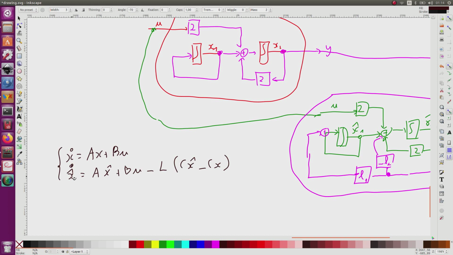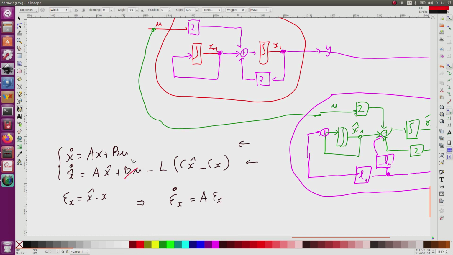This is my system. If I put epsilon x equal to x hat minus x, then I will make the subtraction between this equation and this equation, and I will obtain epsilon x dot, because this minus this equals A times x hat minus x, which will be epsilon x.